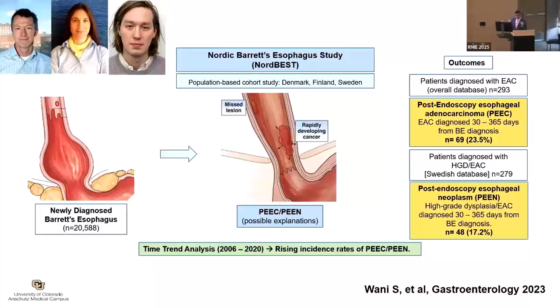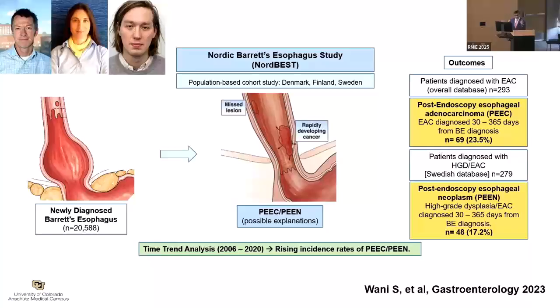It wasn't surprising to us, because these estimates were similar to what we showed in a systematic review and meta-analysis. 25% of all cancers were categorized as post-endoscopy esophageal cancer. So this clearly undermines what we're trying to achieve when we perform screening or surveillance exams.